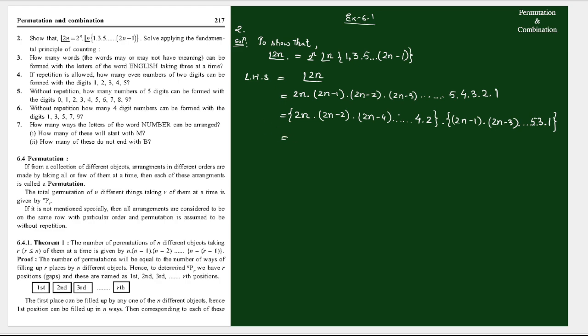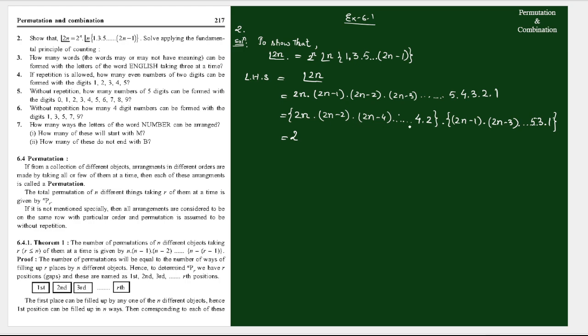Then now what shall we do? We have got 2 to the power n. Let's take 2 common here. From here, all of them have 2. From 4 you can take 2 and then from 2 you will get 1. So you can take 2 common. But look, this is all multiplied. So how many 2's are there now?